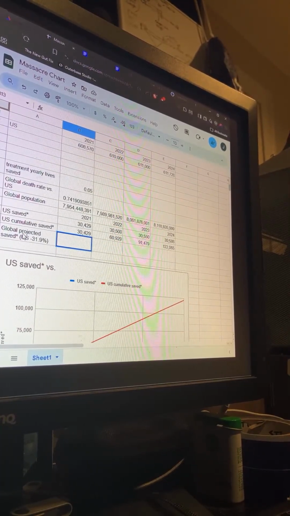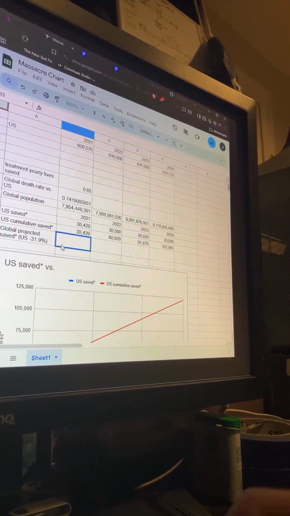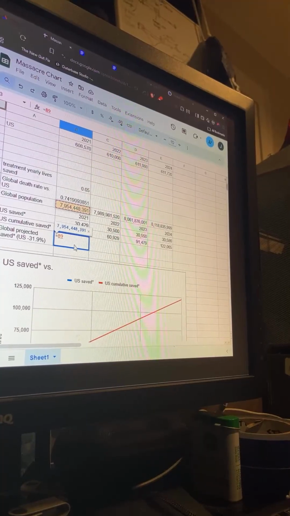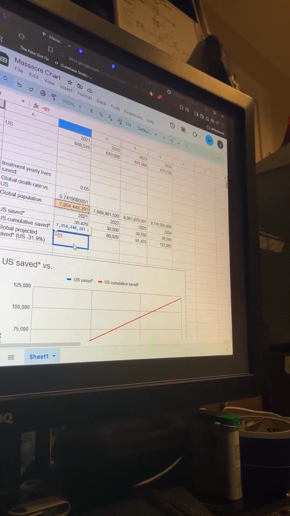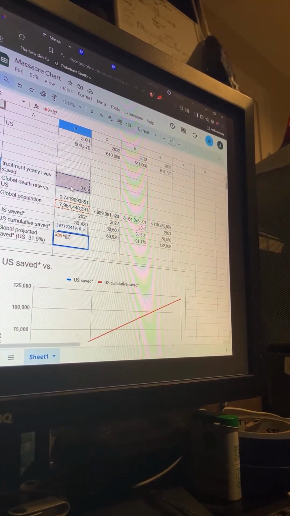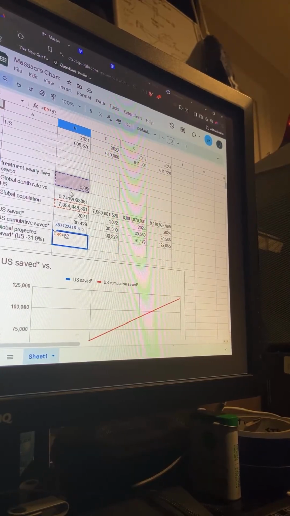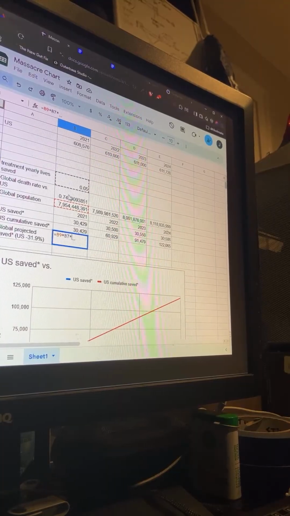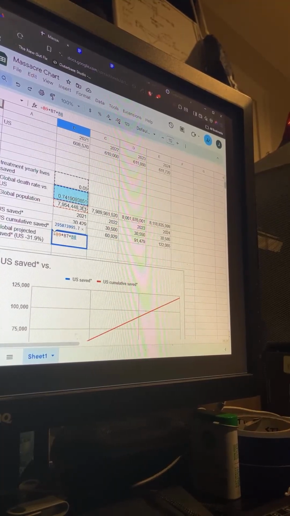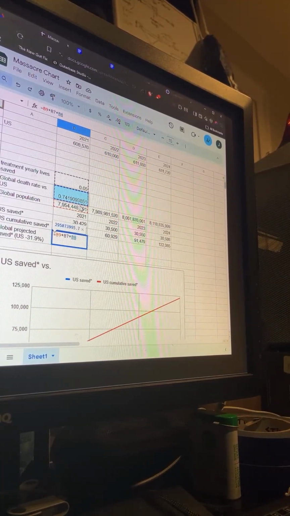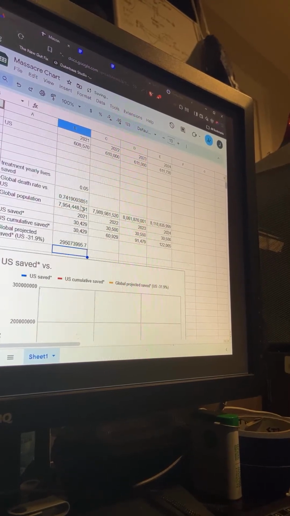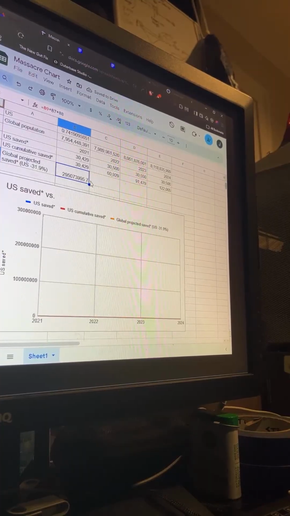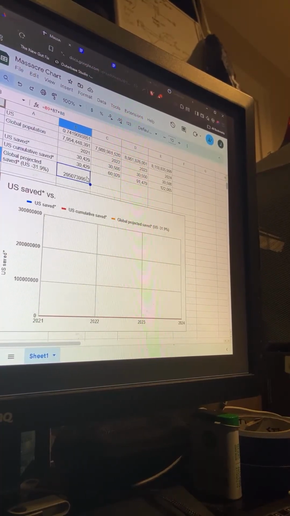So now let's see. We're going to take our number here. We're gonna multiply this by the average lives saved by the global death rate. And then we get a number of just how many people.